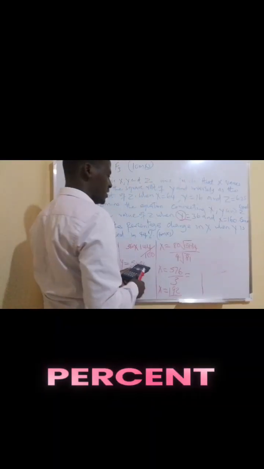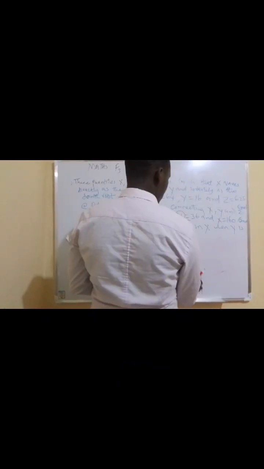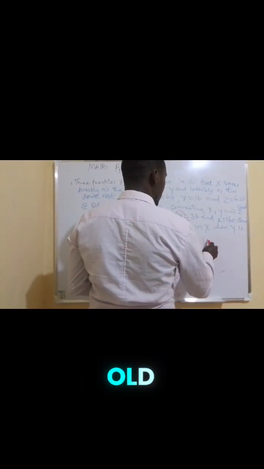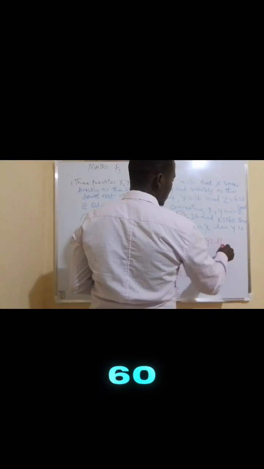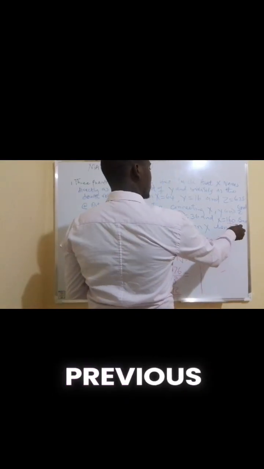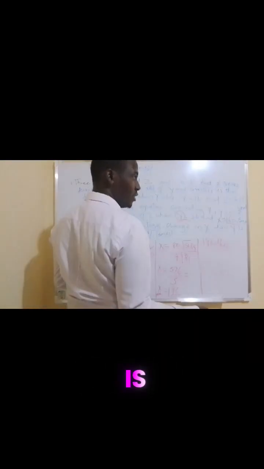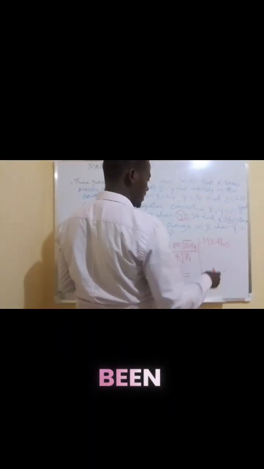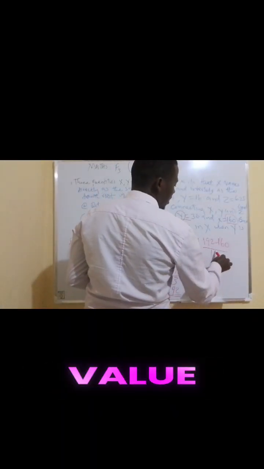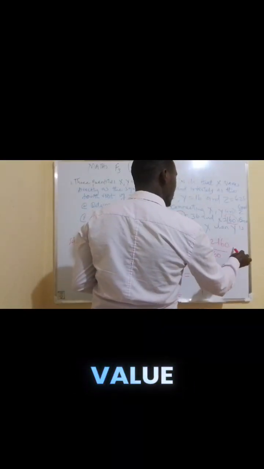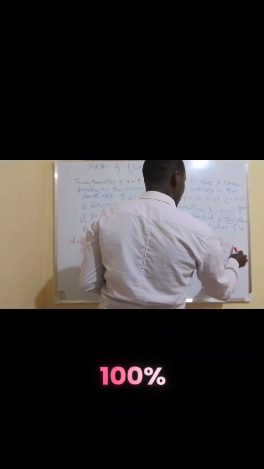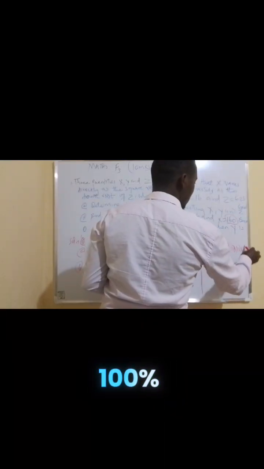So now find the percentage change in the value of x. We're going to get the new value minus the old one, which is 192 minus 160, the previous value of x, over the old value, times 100%.